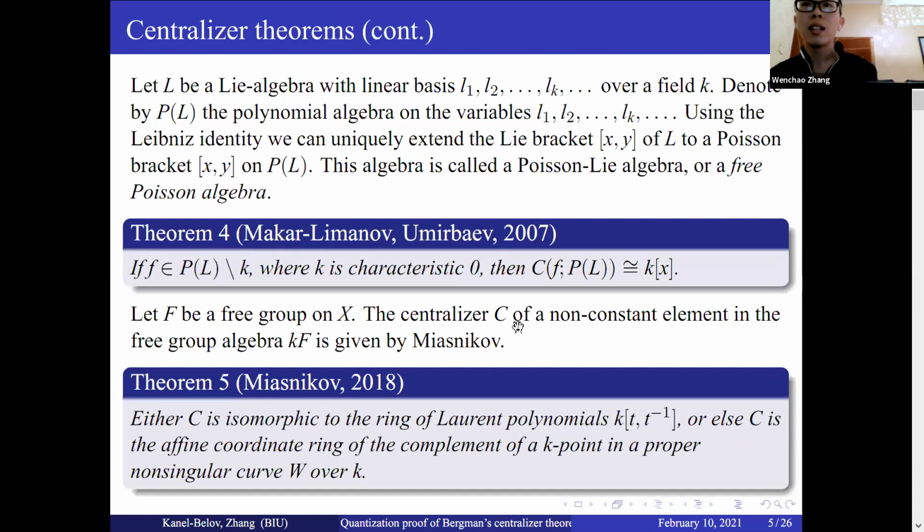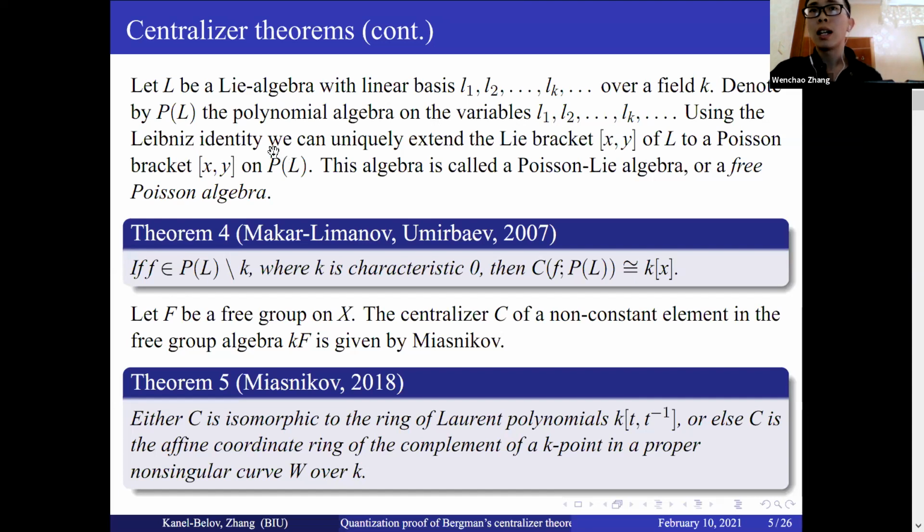There are other generalized centralizer theories, and one is about the free Poisson algebra. We first have a Lie algebra L with a linear basis l1 to lk over a field k. Denote by P(L) the polynomial algebra on the variables l1 to lk, viewing the basis as variables, and then use the Leibniz identity.